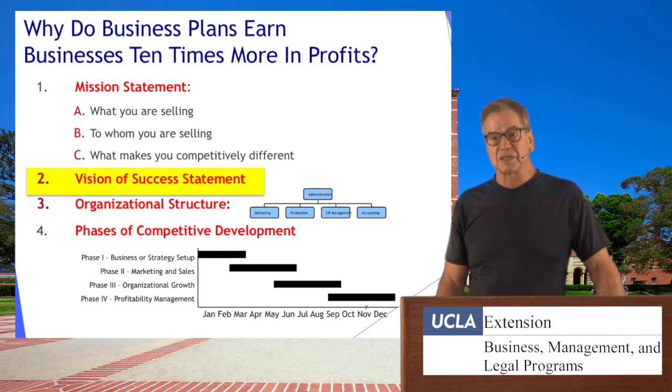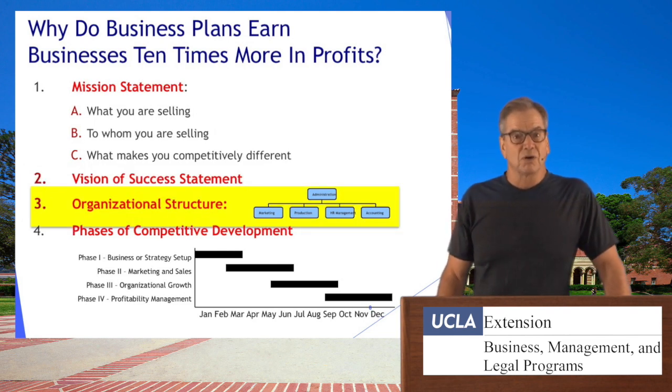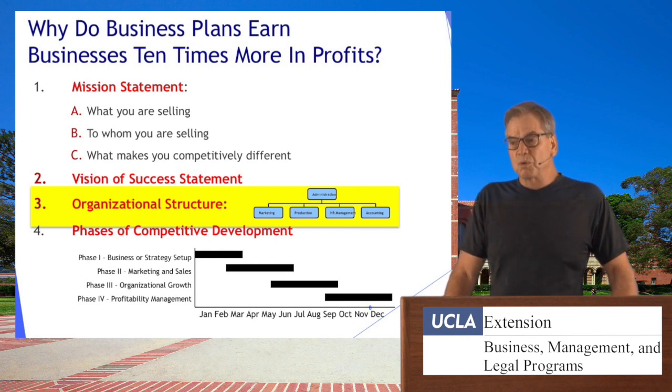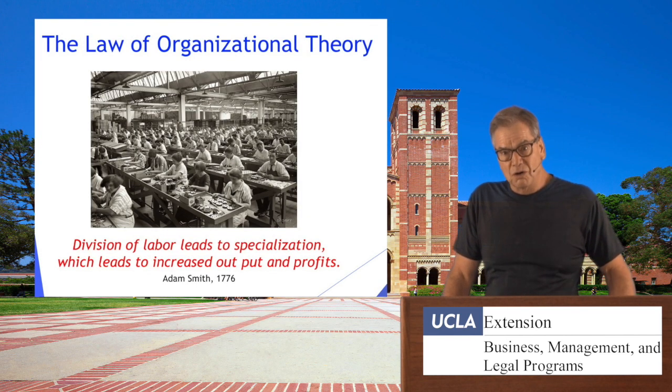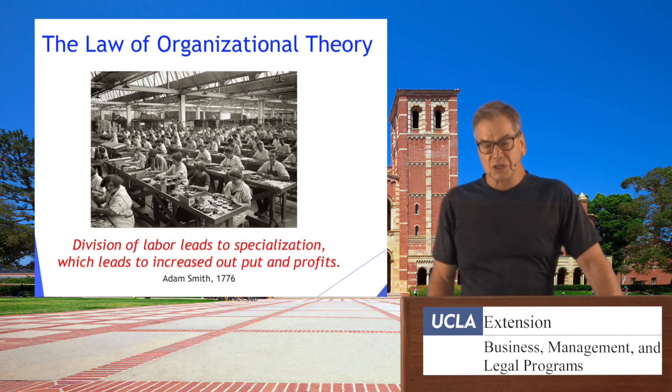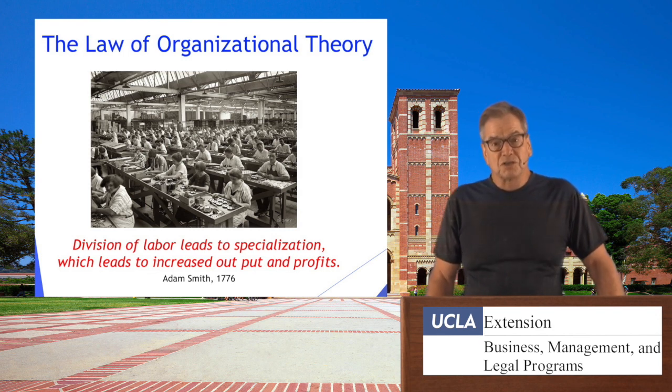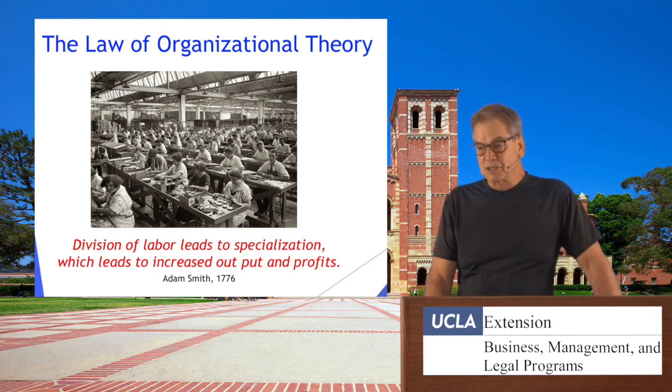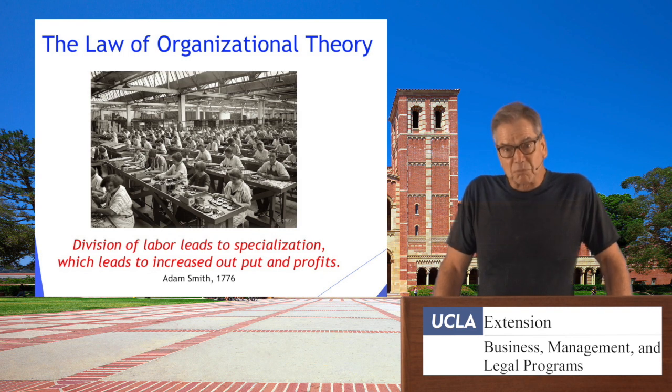The third is that they've developed an organizational structure. And this gets into what we call the law of organizational theory, which is the division of labor leads to specialization, leads to increased output.